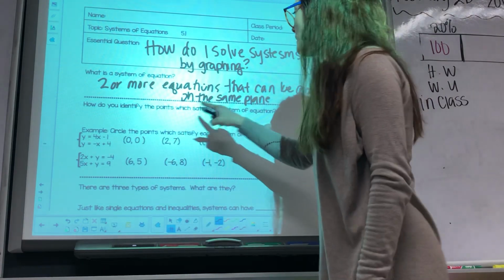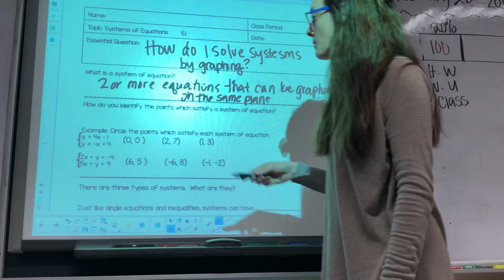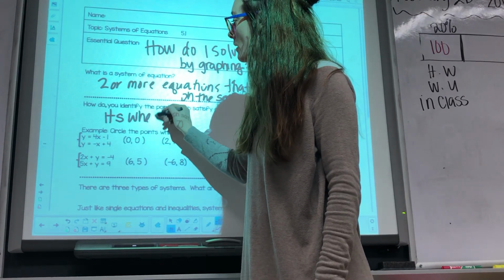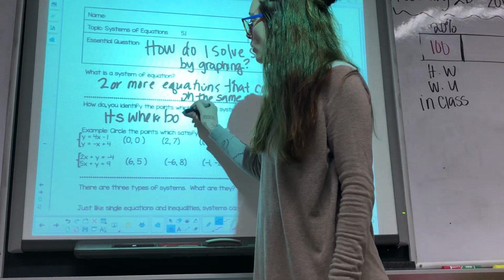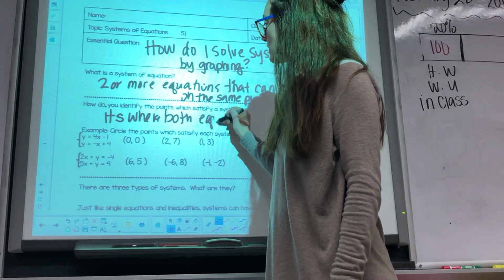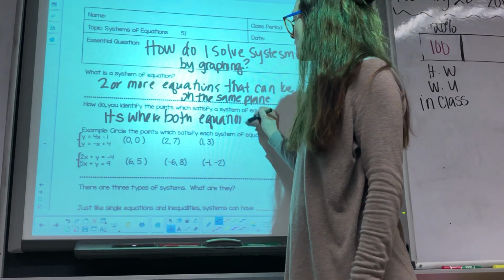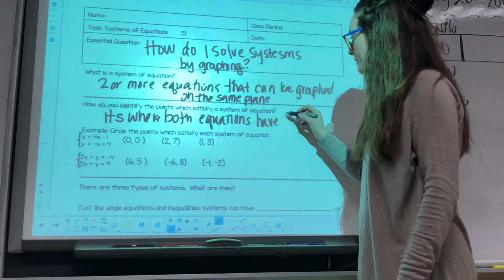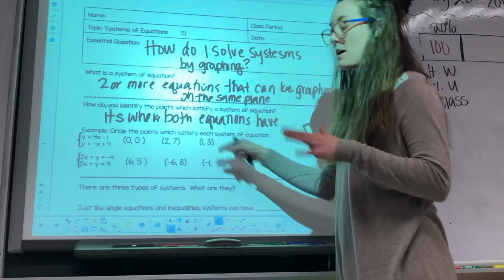So how do I identify points which satisfy a system of equations? It's where both equations have the same coordinate pair that matches.